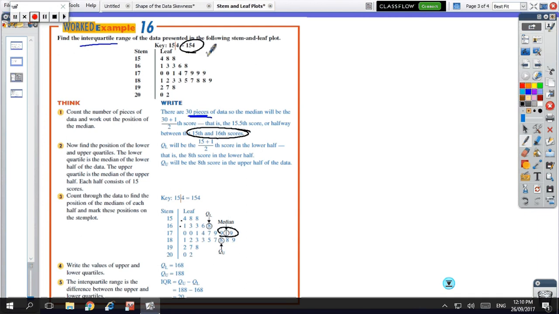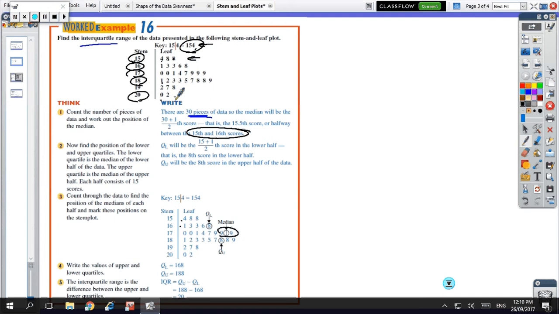Looking at the scale, we're measuring in the hundreds. This is an example where this time the stem has 2 numbers. The leaf can only have the last digit, and the stems have 2 numbers. So 154, 158, 158, 181, 201, 200 and 202.